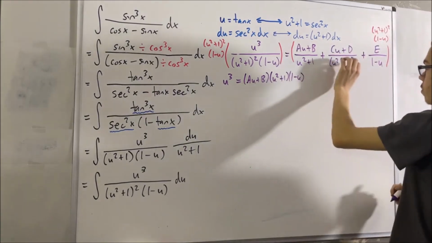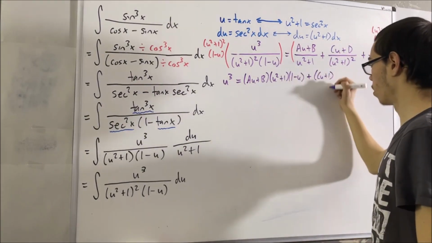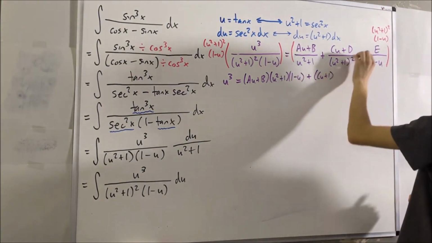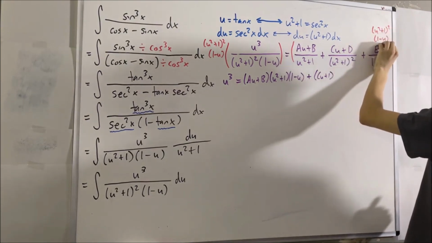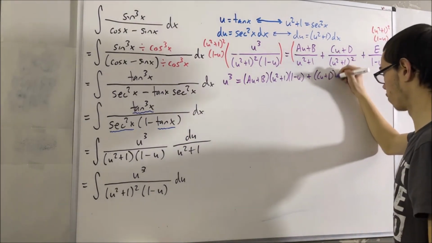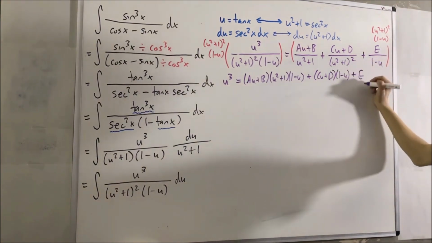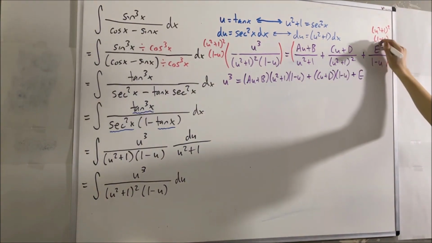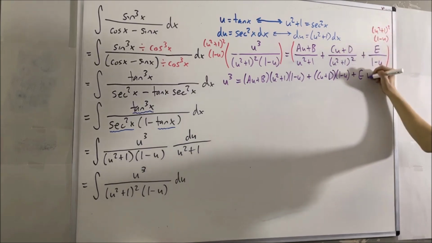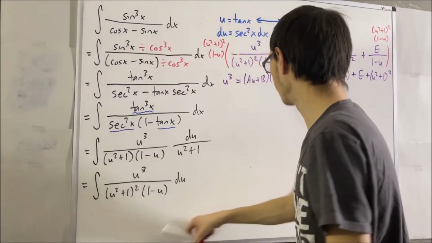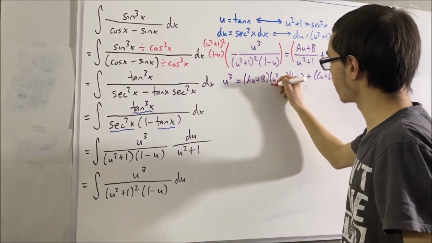For our second fraction, we have cu plus d, but the u squared plus 1 squared cancels out, and we're just left with 1 minus u. And for our final fraction, we have e. The 1 minus u cancels out, and we're left with u squared plus 1 squared. So next, I'm going to expand these two things out.